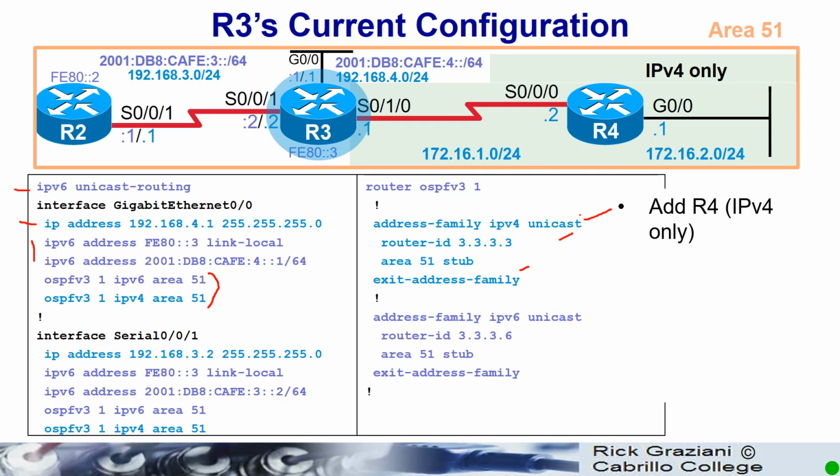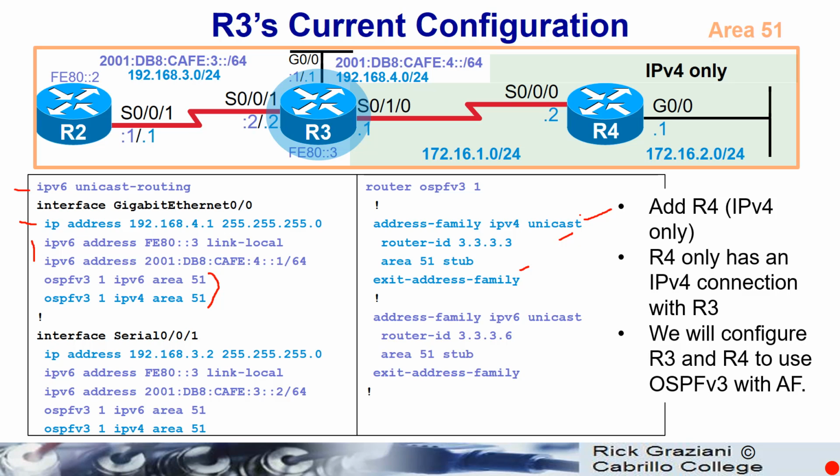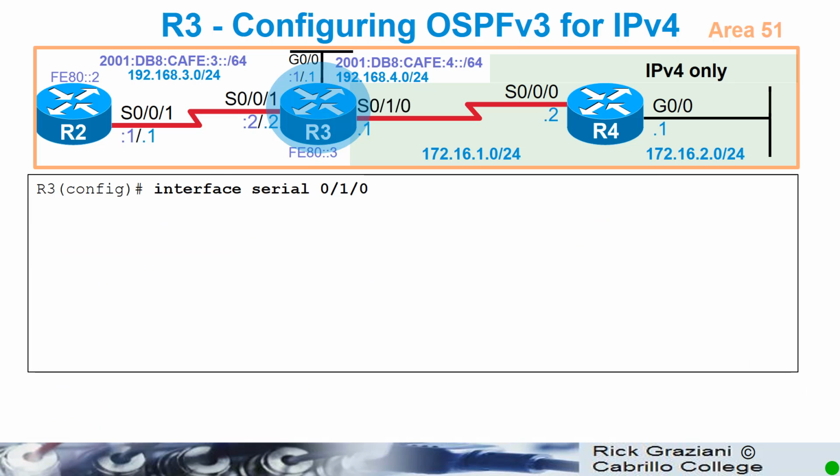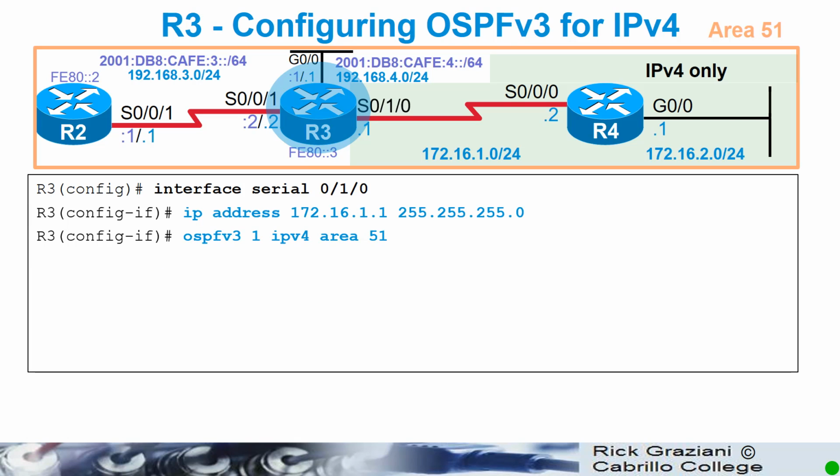But what happens when we add just an IPv4 router? We don't want IPv6 on this network. This one just happens to be running IPv4, hence the island. R4 only has an IPv4 connection with R3, so that's what we're going to have to be doing. We'll be configuring R3 and R4 to use OSPFv3 with address families. We're going to go to that interface and program them.